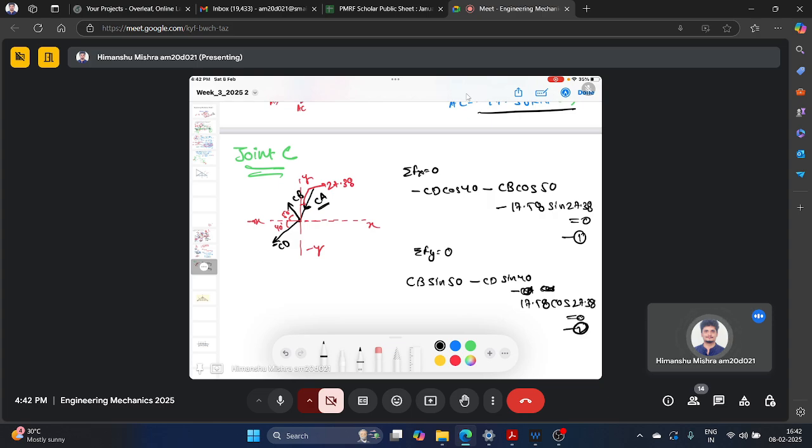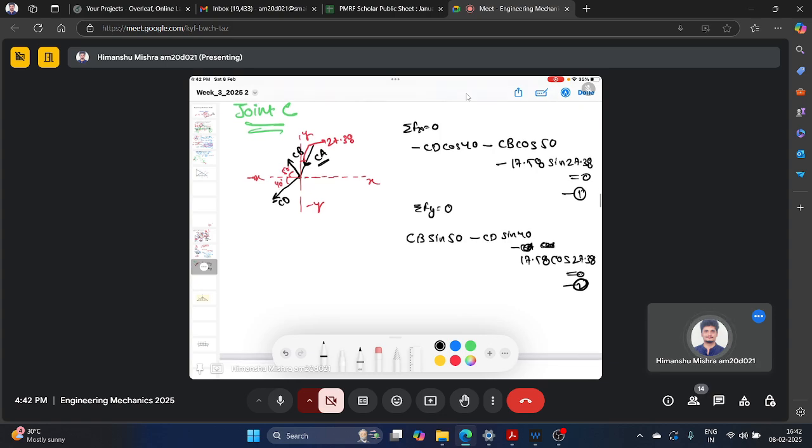So this is equation 2, and on solving this you will get CD, which is minus 16.23, and CB, which is 6.76. Both are in kilonewton.